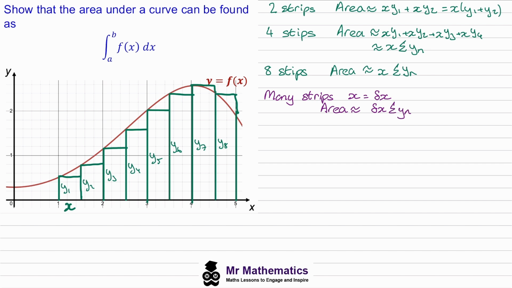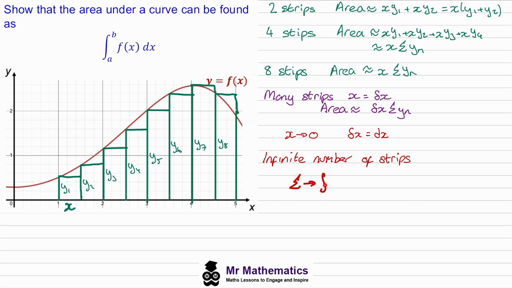But what if we now made this length delta x even smaller, so x tended to 0? Then the delta x we write as dx. And this would give us an almost infinite number of strips. And because we want to count the sum of all of these areas, this sum goes from a discrete value to a continuous variable.